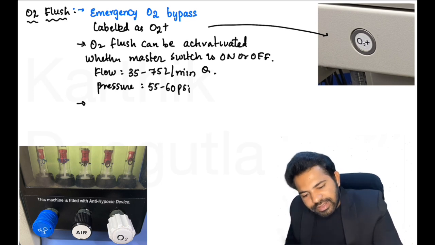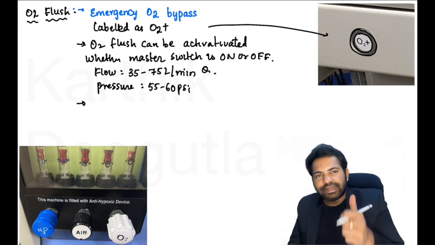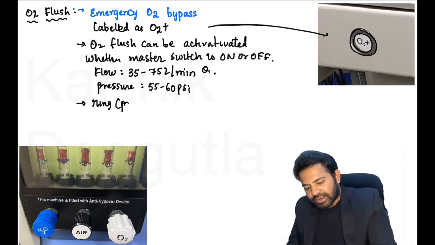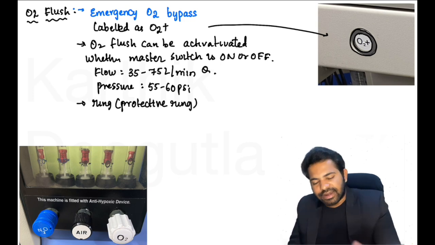You can also see that there is a silver color lining, a protective ring, so that the emergency oxygen source won't get touched and activated. So there is a protective ring to prevent accidental activation.